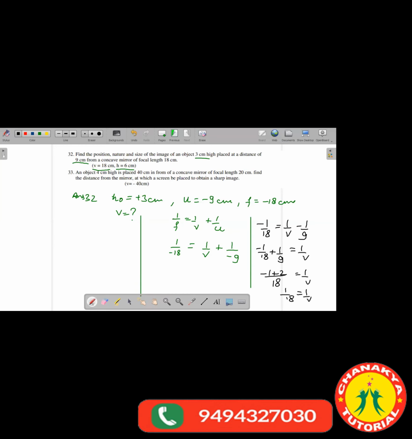We obtain V, or image distance, equals 18 centimeter. Since it is a positive value, that means the image is found behind the mirror. And when the image is found behind the mirror, it is virtual and erect. So we can say the image is virtual and erect.